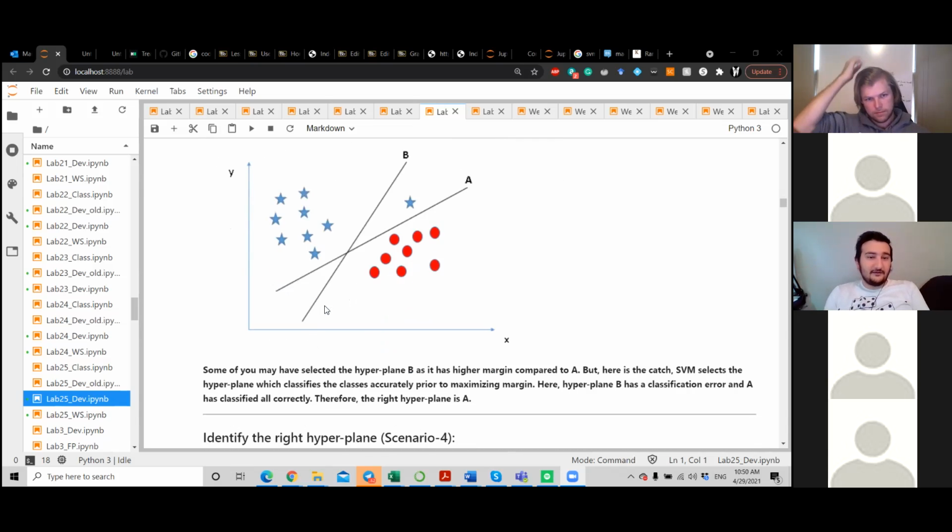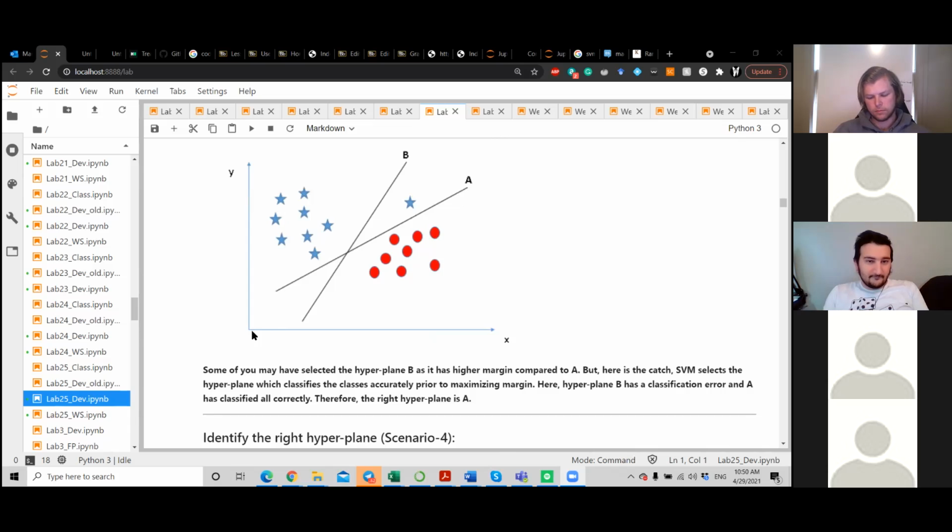So in their mindset, avoiding misclassification has a higher priority. So even though B has the highest margin, because it ends up with a misclassification, A is chosen in this algorithm.